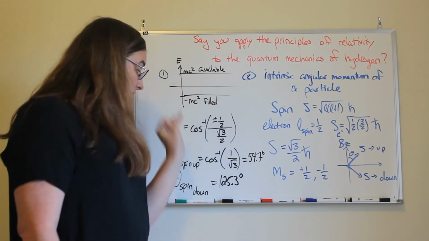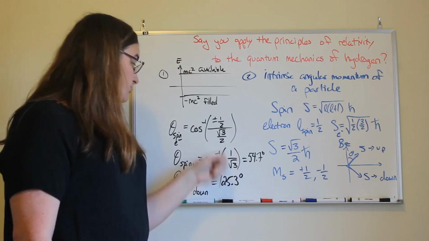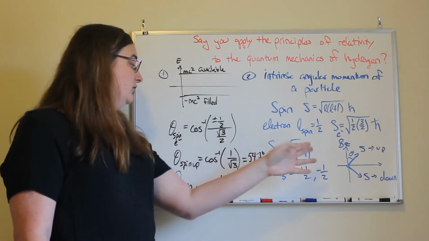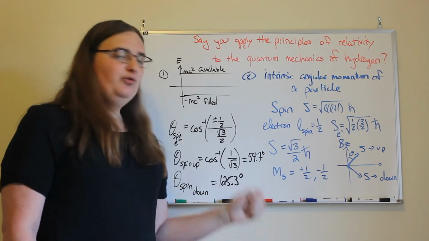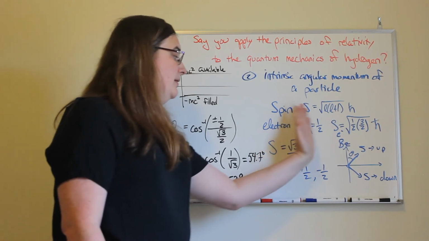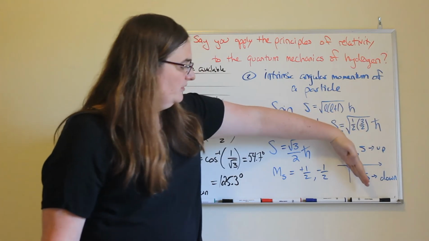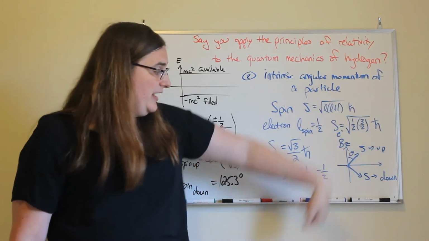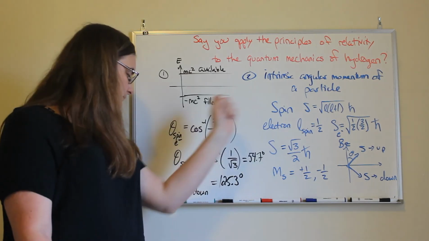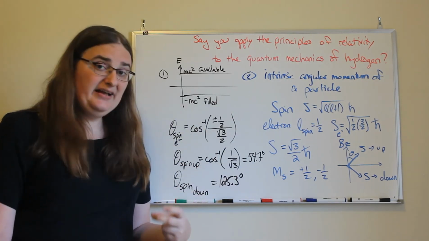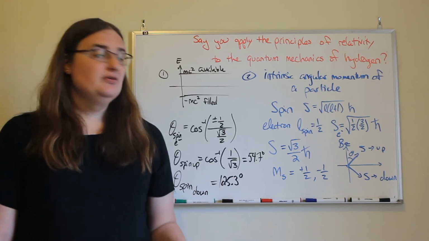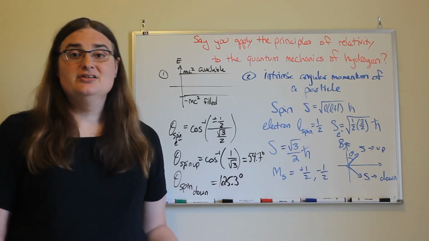Now, if you were to take minus 1 over the square root of 3, you would end up getting an angle of negative 54.7 degrees, but the way that we measure it, we would measure it from the z-axis rotating down through an angle of 180 degrees, so that translates to an angle of 125.3 degrees from our z-axis for a spin down.